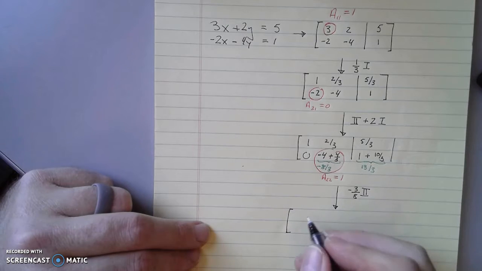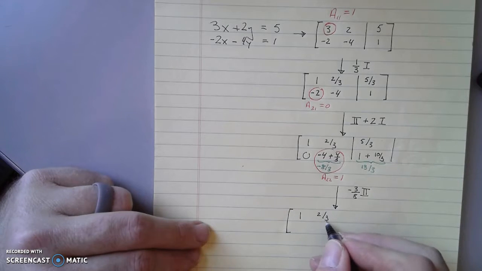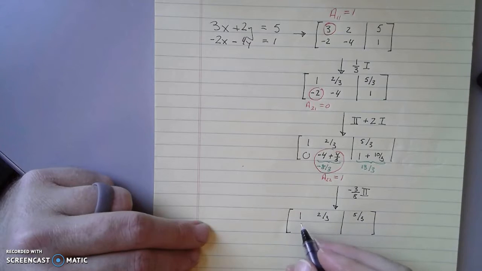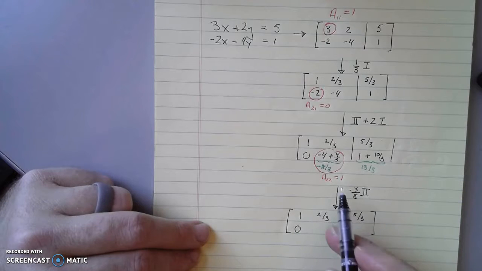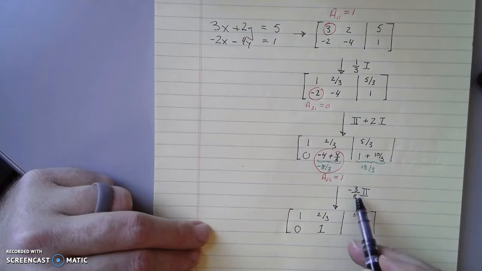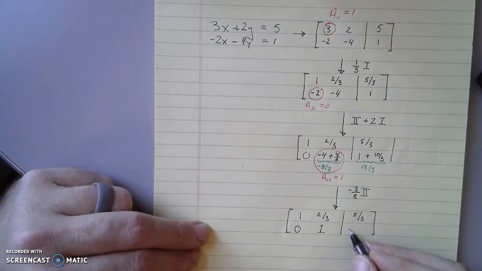So again, the first row doesn't change. We can just copy that. 0 times negative 3/8 is 0. Negative 8/3 times negative 3/8 is 1. And then 13/3 times negative 3/8 is negative 13/8.